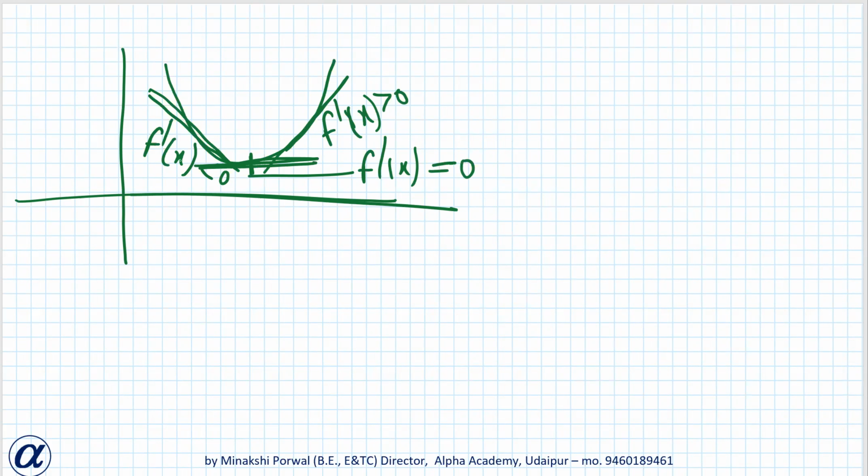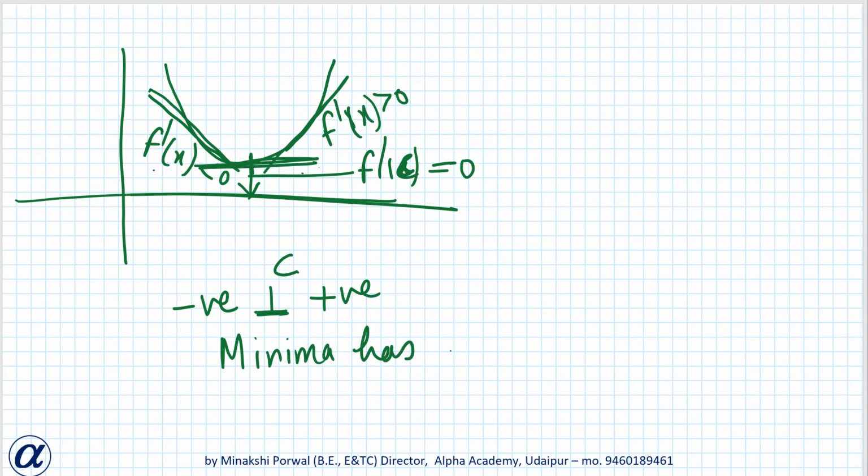So when the slope of the graph changes from negative to positive at a certain value c, then f dash c equals 0, and at c the minima or minimum value is there. Are you getting this?